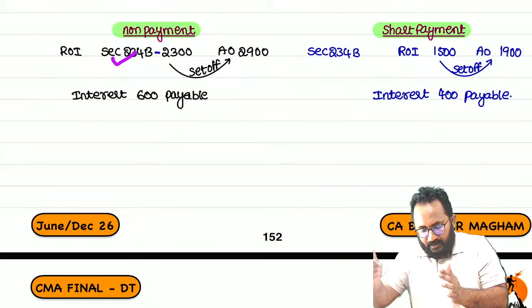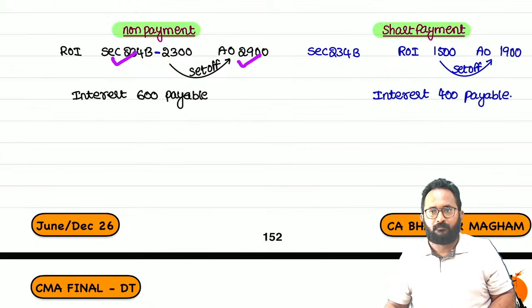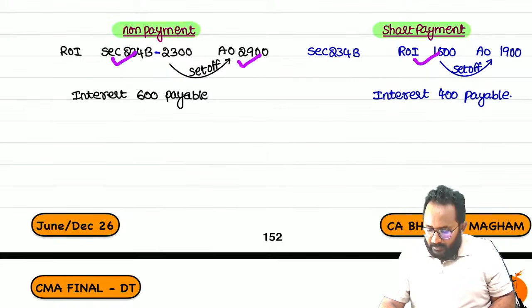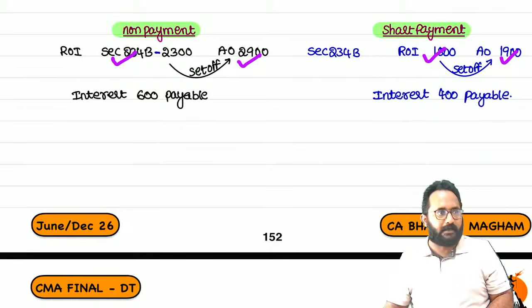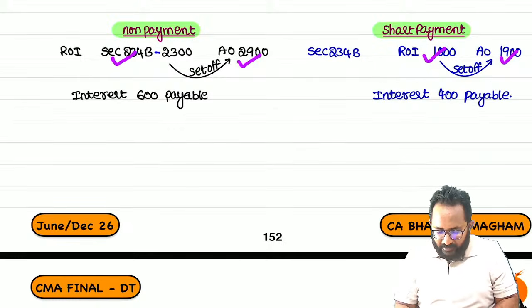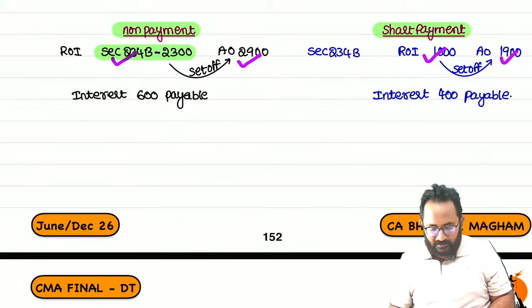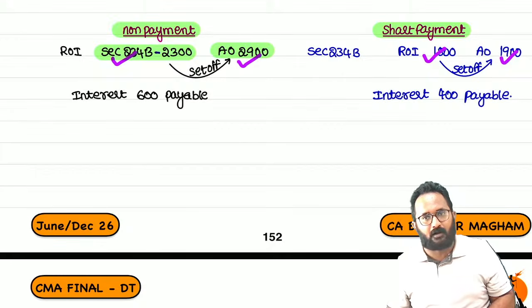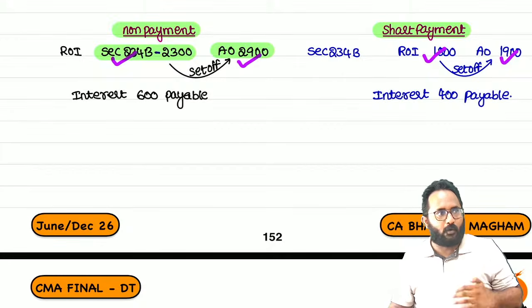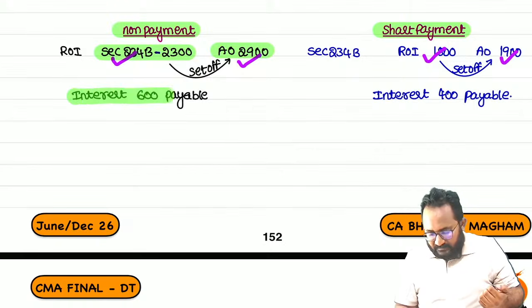That interest will be recomputed by whom? The AO. In case of short payment also, first we calculate, then the AO. First what we calculated, we got 2,300. The AO's calculation, how much did he get? 2,900. Now will the AO ask for the entire amount or after set-off of the balance amount? After set-off of the balance amount.